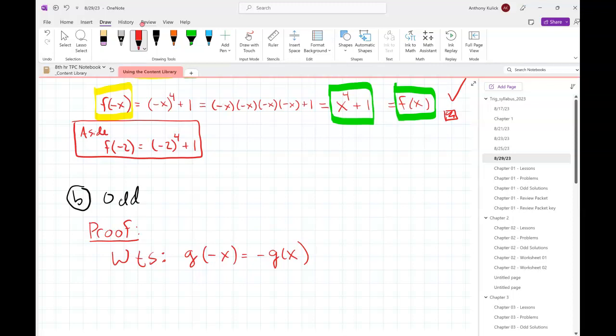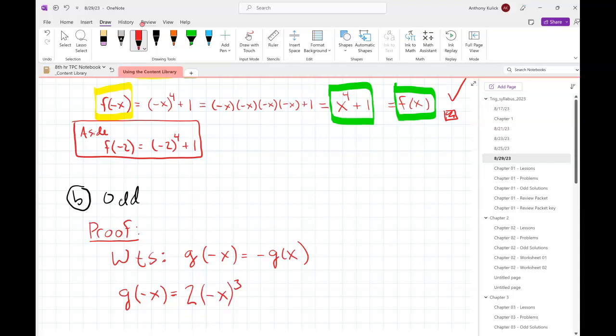Okay. Everybody still good? All right, here we go. Start with the left-hand side, so I want to do g of negative x. Just like we did before, I'm going to plug negative x in place of all the x's. So I'm going to still have the 2, but in place of x, I'm going to write negative x.